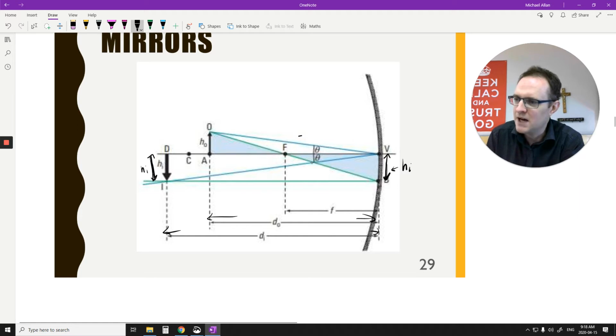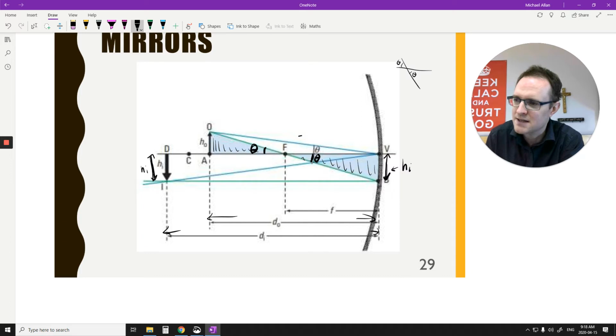These two triangles share this angle theta. If I go across here, if you remember our rules, two intersecting lines, angles on opposite sides are the same. So these two angles would be the same on either side of this.